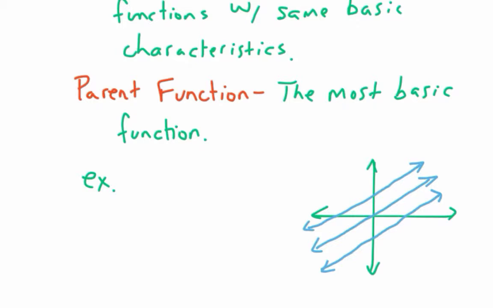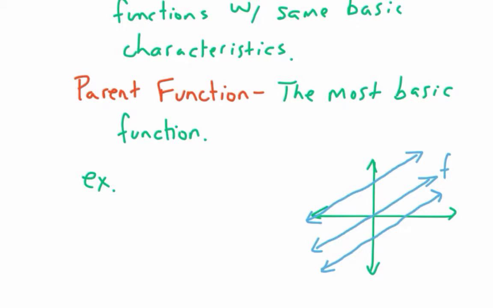If I have those three lines, can you tell which one is going to have the most basic function, or most basic equation? The one through the origin. So it has a y-intercept of 0. So they're going to call that one the parent function.